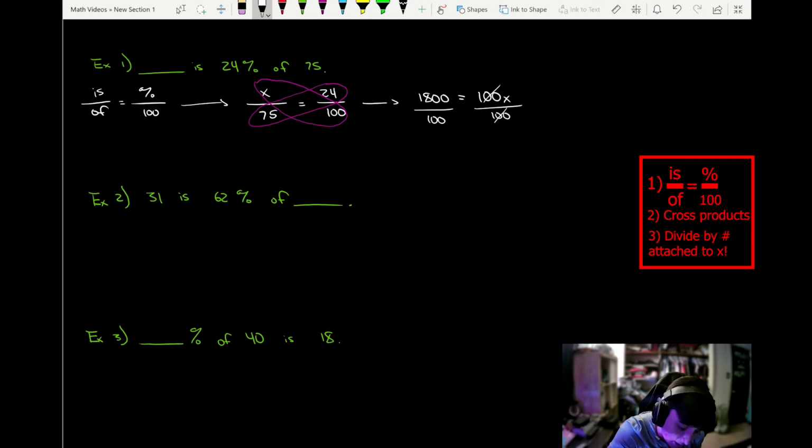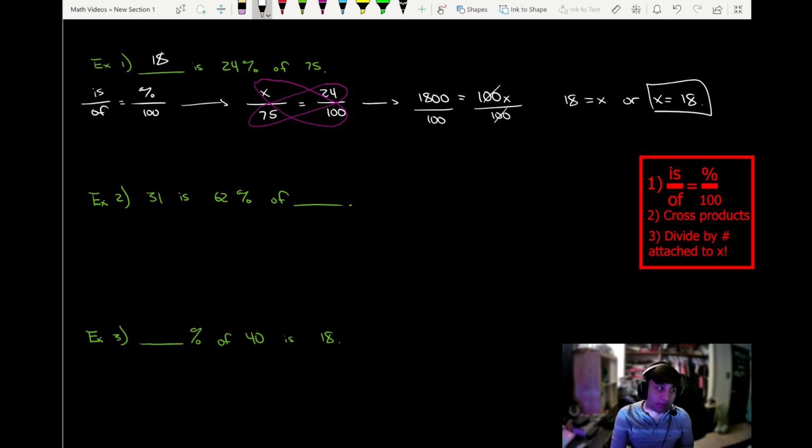So on the right side, we're left with x, and on the left side, we're left with 18. So that's like saying 18 equals x, or we can do x equals 18, right? And that's it. So when we put it back in the problem, it's 18 is 24% of 75.